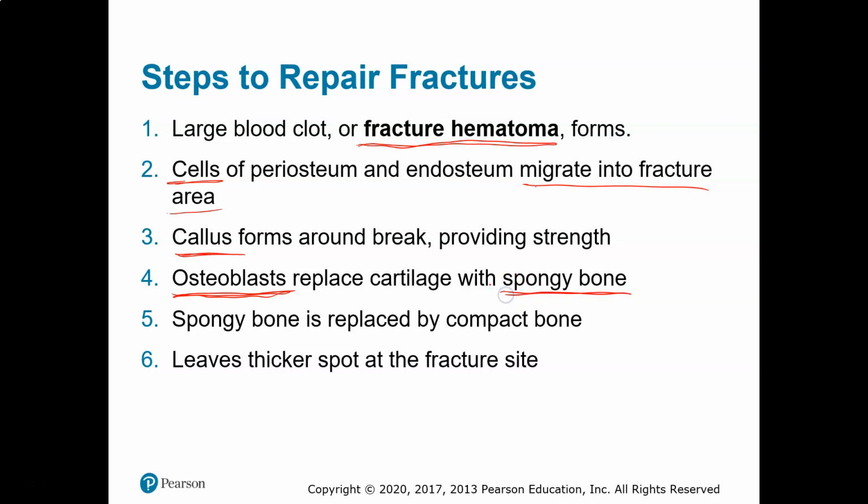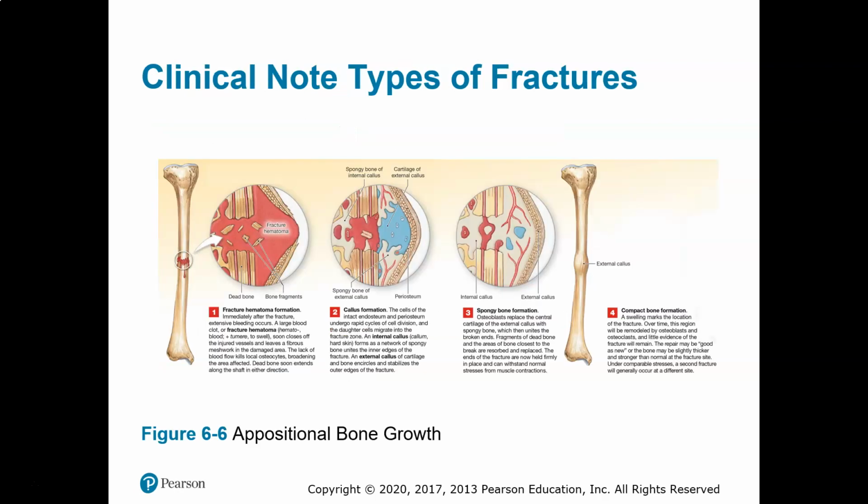So osteoblasts are the bone cells that form new bone tissue, and spongy bone is always formed first. And then in step 5, it is replaced by compact bone in areas where compact bone exists in that bone. And like I say, the callus that forms leaves a thicker spot at the fracture site.